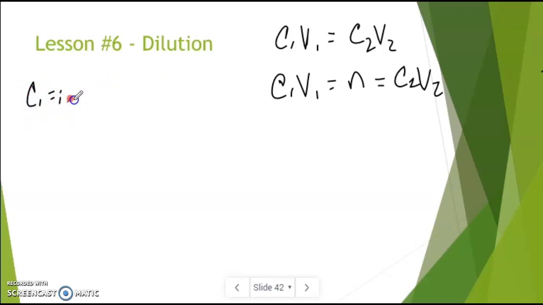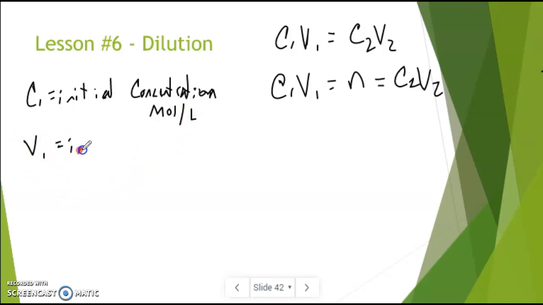So our breakdown of our variables: C1 is the initial concentration, in moles per liter. V1 is the initial volume, which is in liters.